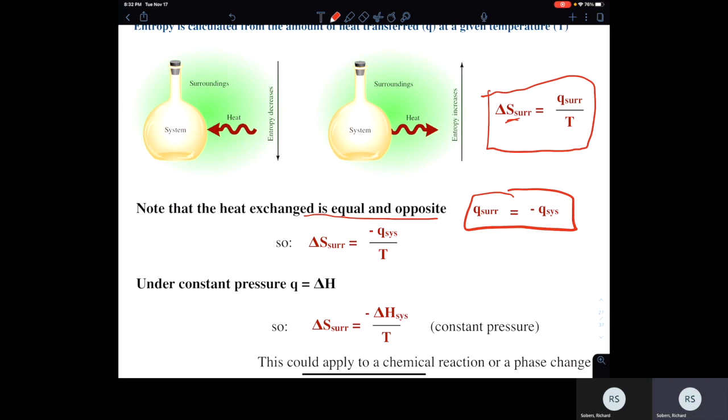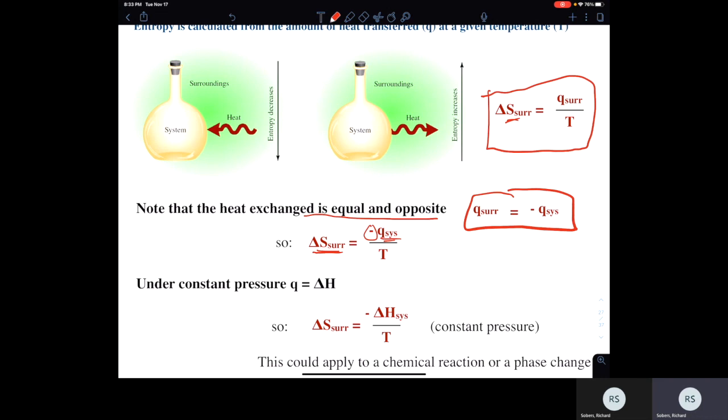So if the system has an exothermic process, the surroundings will be endothermic. The quantity of heat will be the same, opposite sign. So if we're calculating delta S for the surroundings, we can relate that to the heat of the system, which will be equal but opposite. So we get a negative sign there if we reference it to the heat flow of the system.